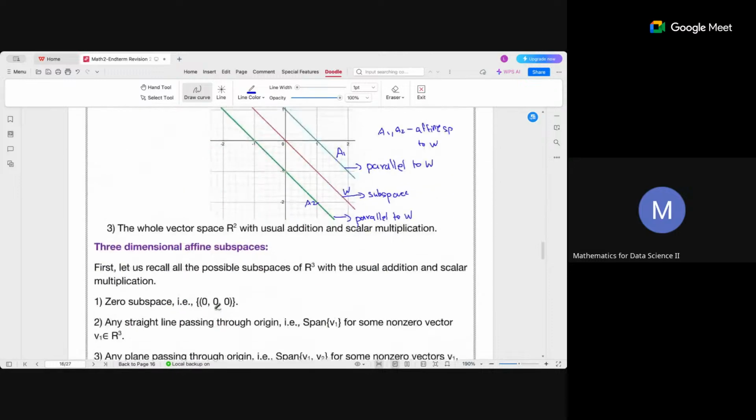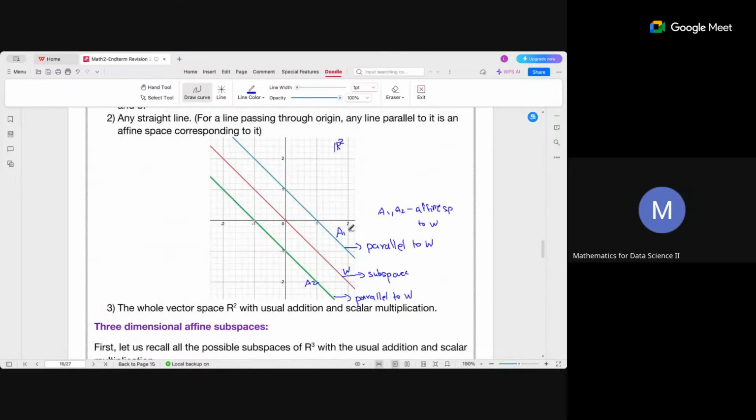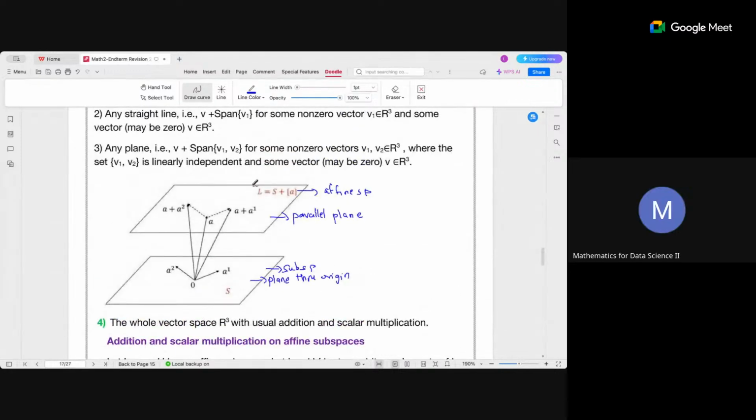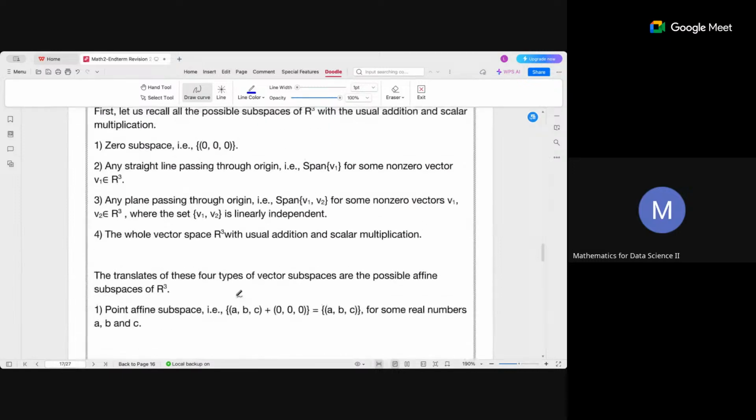For example, suppose this is the affine space you are considering. What is the dimension of this affine space A1 and A2? 1, because the dimension of this subspace W is 1. Same way, what is the dimension of this affine space L? 2, because it is the dimension of the corresponding subspace here, right?